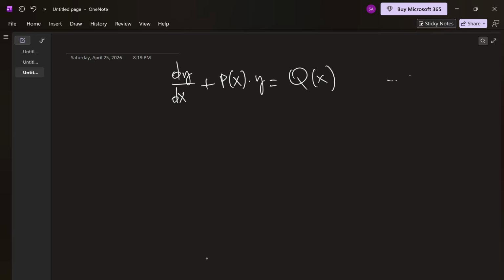So this is equation number 22. P and Q are given continuous functions.